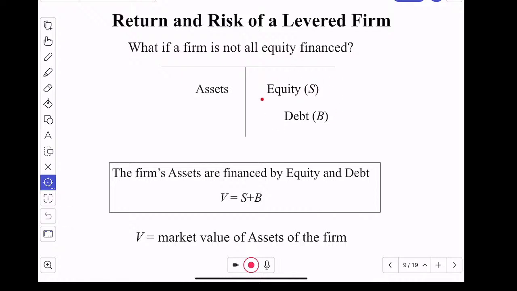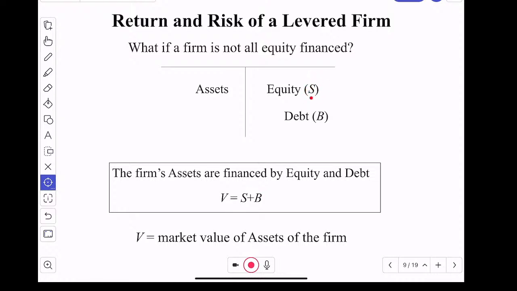So what's owed? And we then can speak about the value of the firm being the same as the value of equity plus the value of debt.